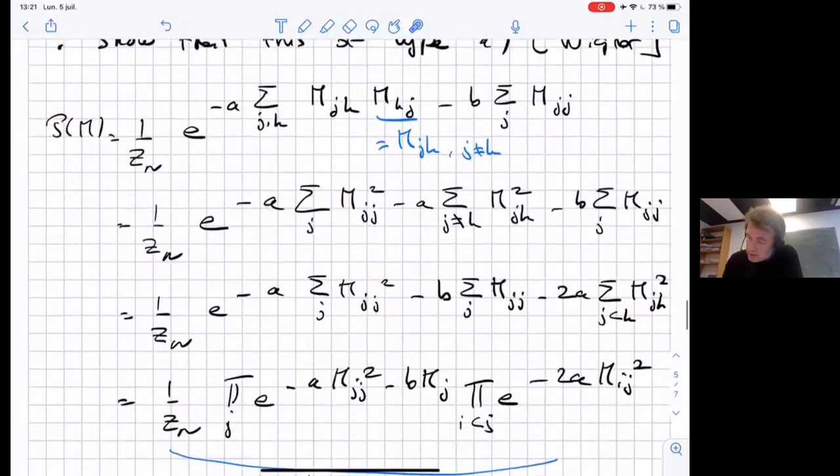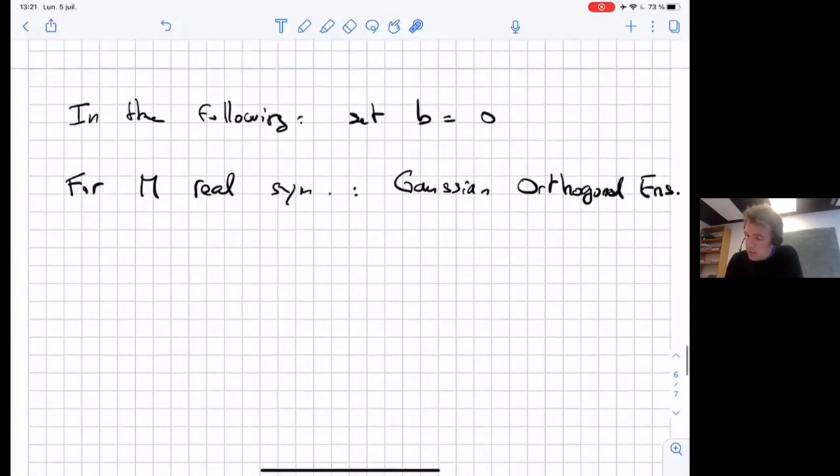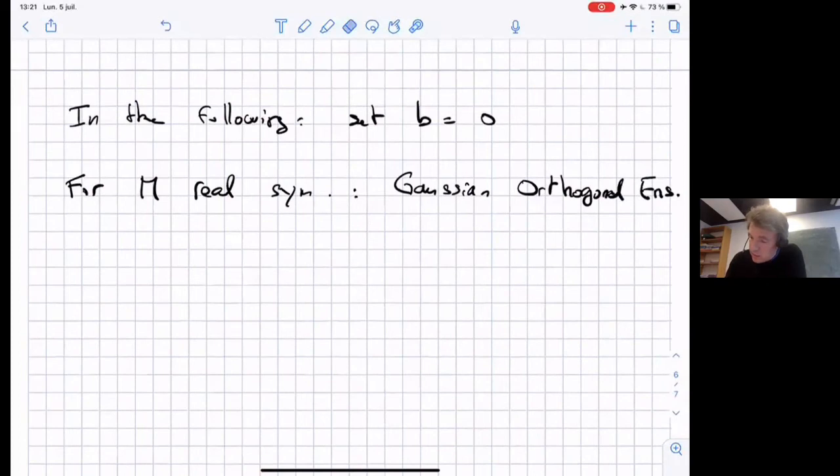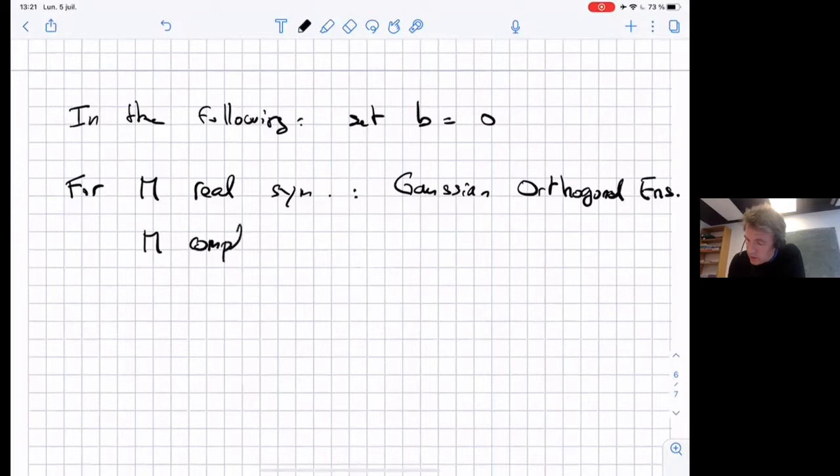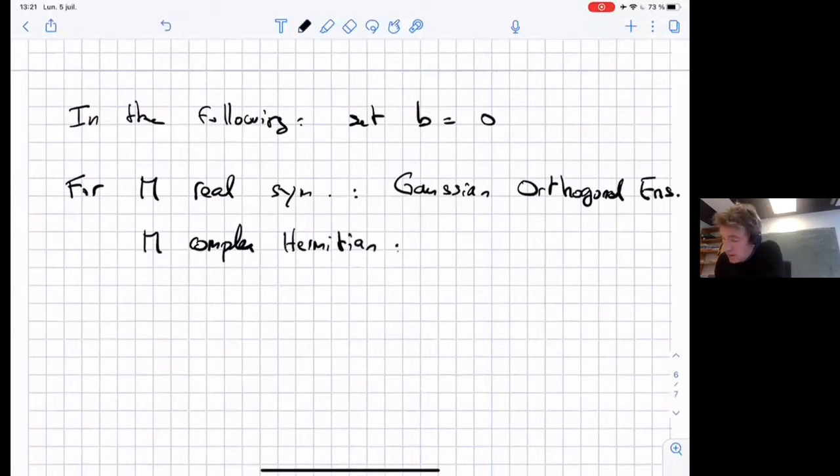Now, I discussed here the real symmetric case. The other ensemble which is interesting and which we will discuss in the following is the case where instead of having real elements, you can have complex elements, but then M needs to be Hermitian. In this case, this is what we call the Gaussian unitary ensemble. So again, unitary in the same sense.